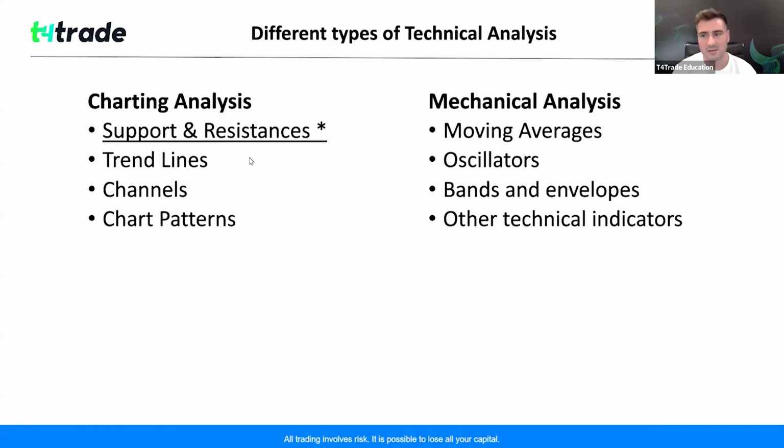So charting analysis, in a sense, uses support and resistance levels, trend lines, channels, and chart patterns as the primary components of conducting technical analysis. So charting analysis primarily takes place, if not all the time, on top of price action.